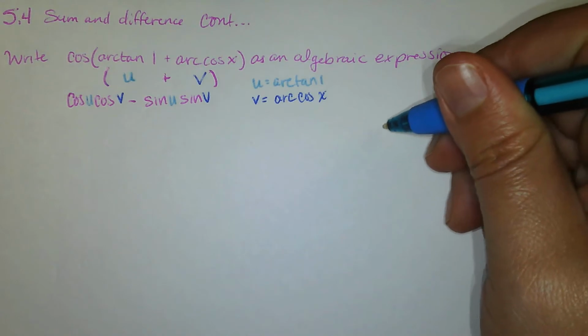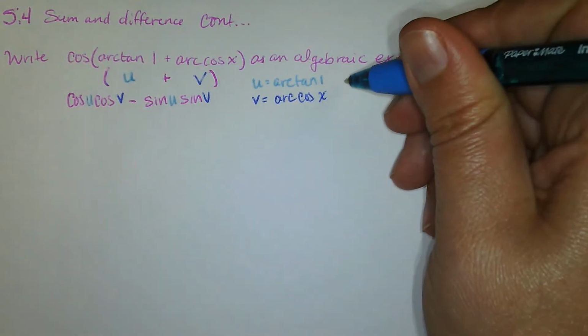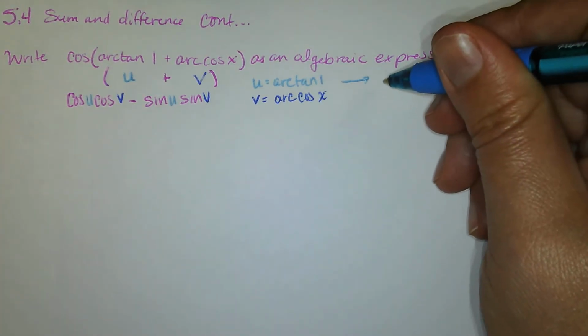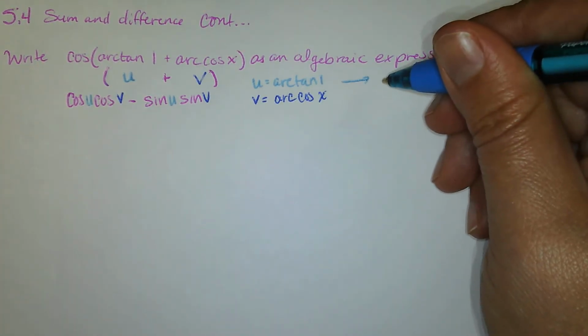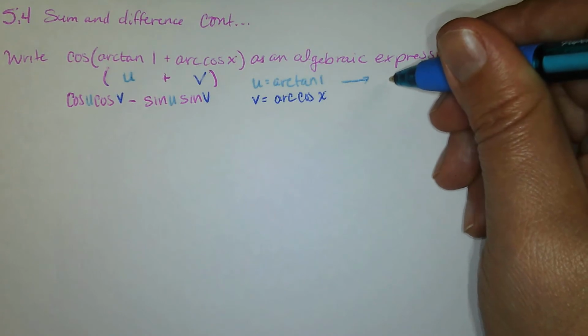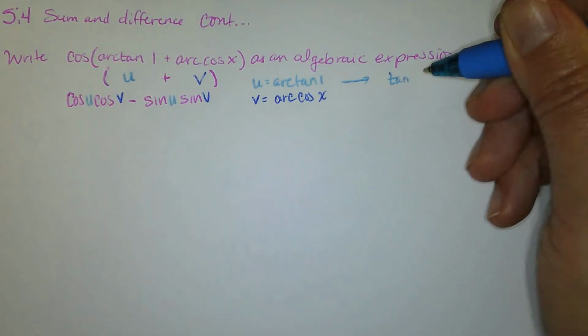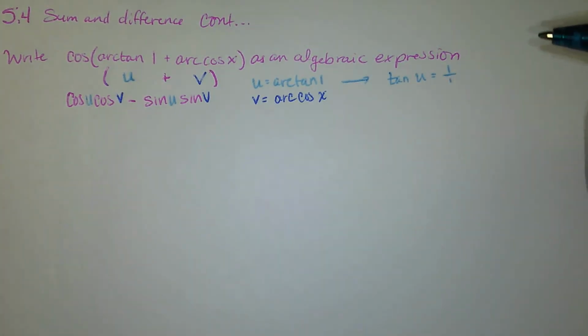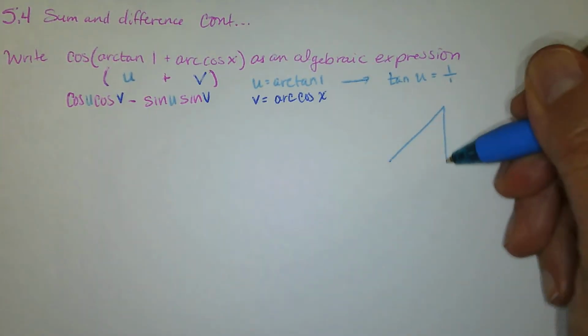So I'm going to make triangle U. Actually, I'm going to rewrite this. So U equals arctan of 1 means the tangent of U is equal to 1 over 1. So let's make a triangle out of that.